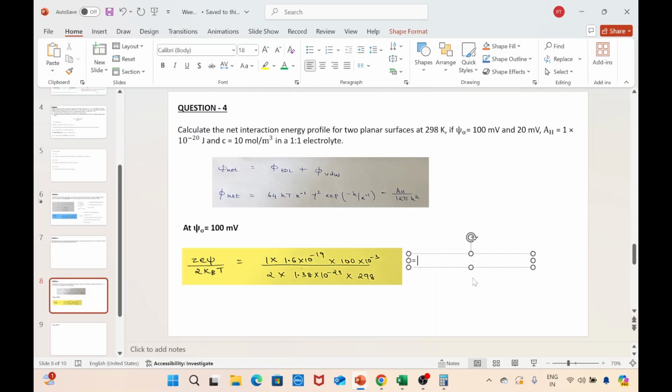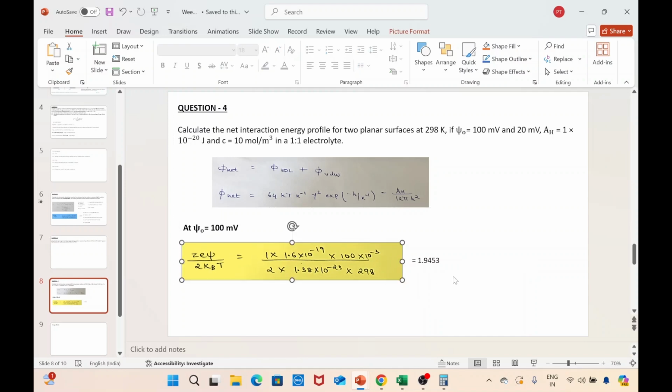So this value is 1.9453. This is your answer for this particular expression.